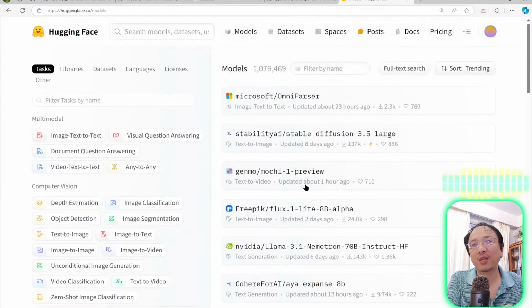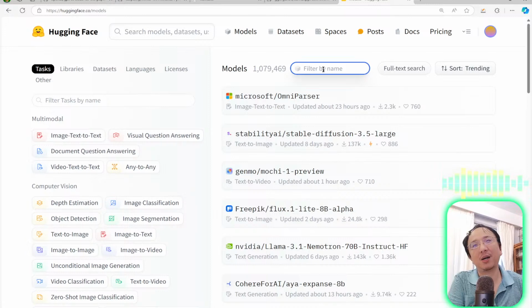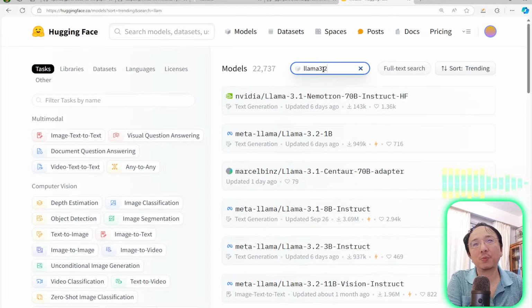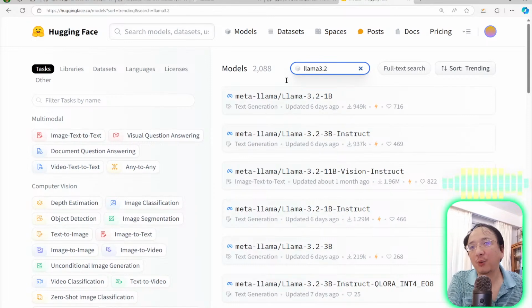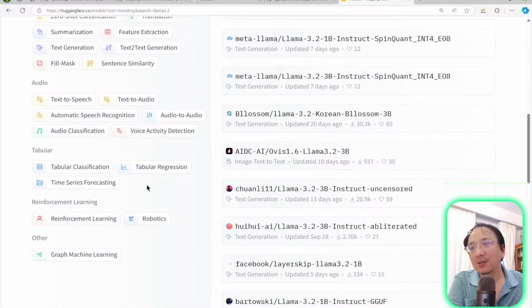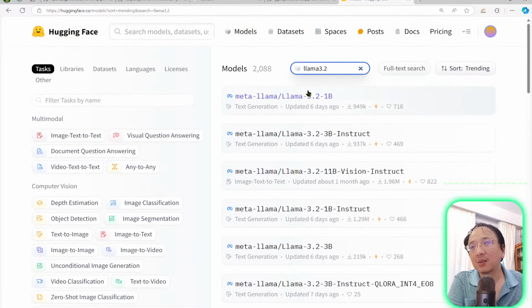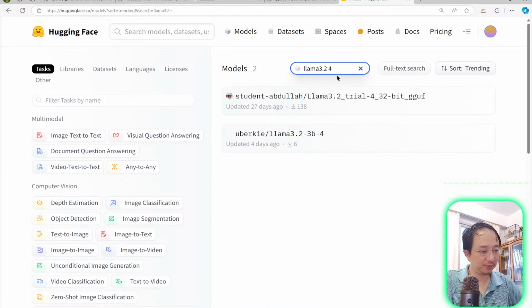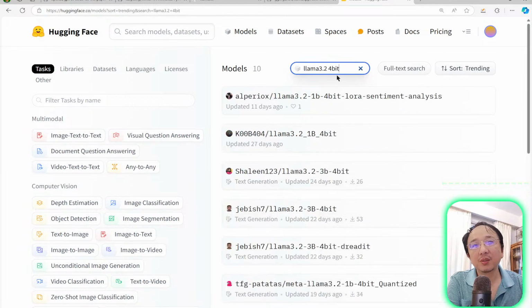So, for example, if you want to search Llama 3.2, and if you want to search things like 4-bit, vision.